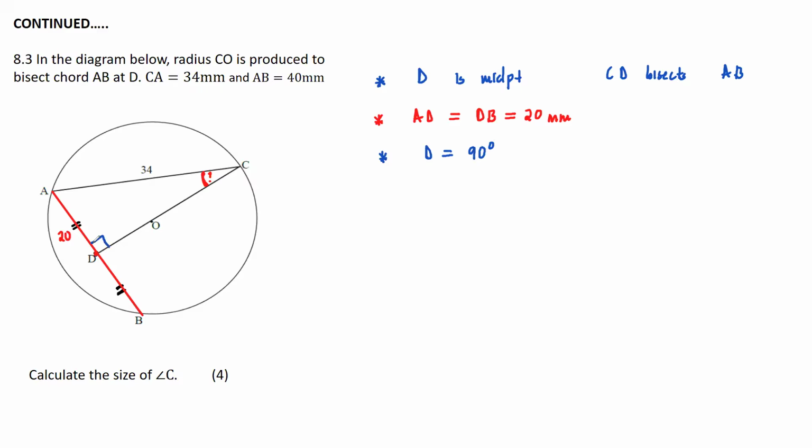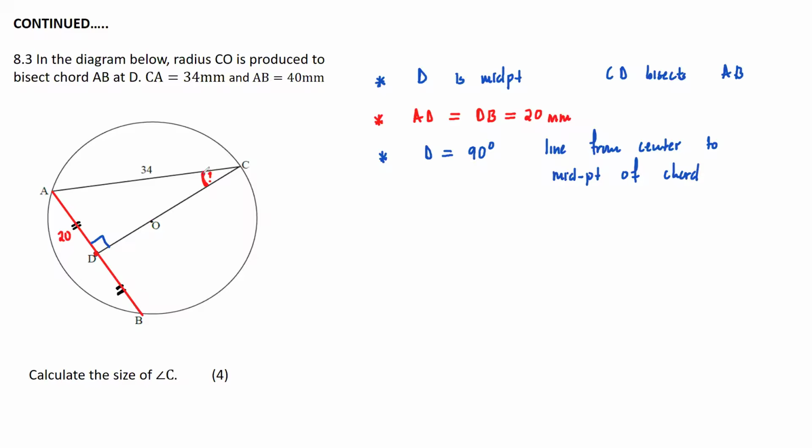So the angle at D is 90 because of the line from center to midpoint of chord. That's a theorem from grade 11.